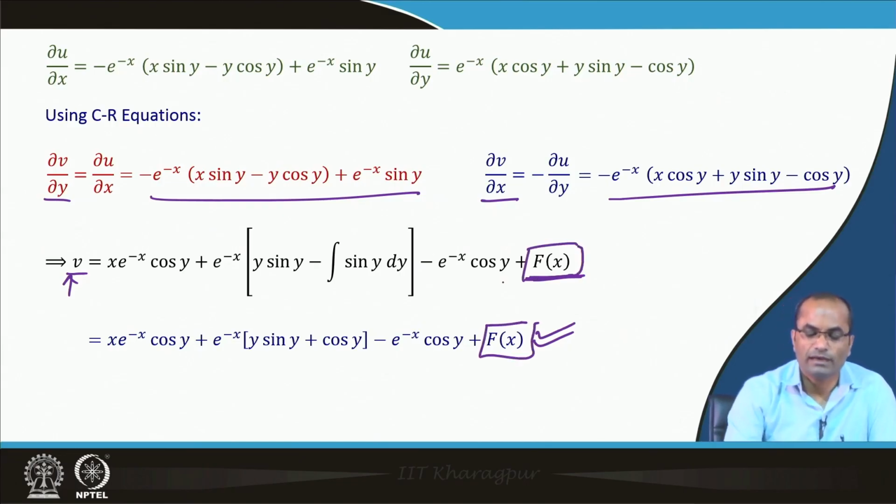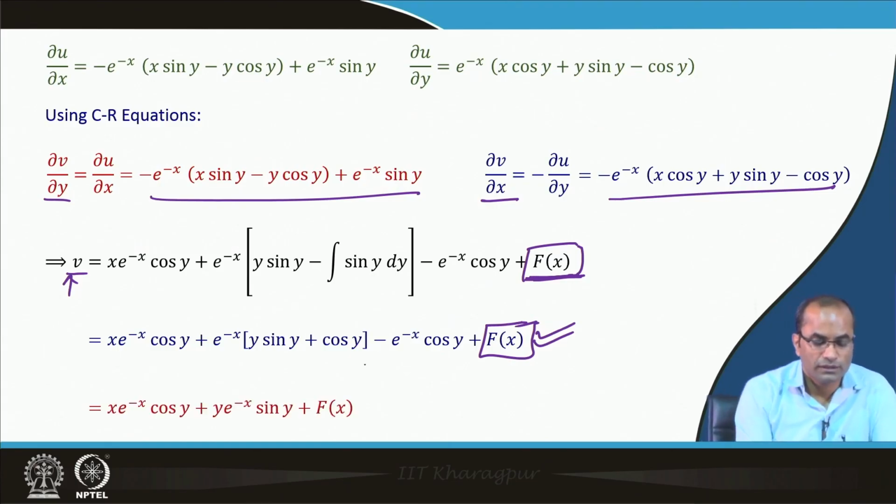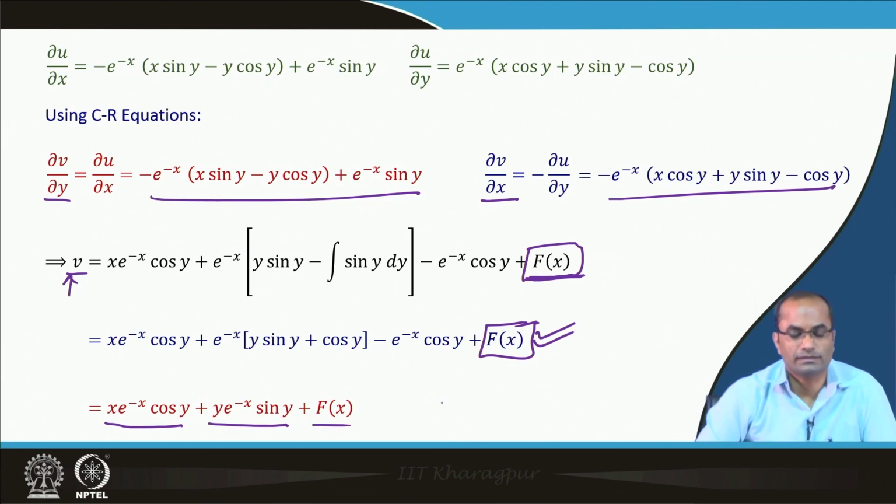This can be evaluated, and then we will substitute back into v, and we are ready to find v in this way. Some more simplification tells that v is x e to the power minus x, y e to the power minus x sin y, and this f(x).